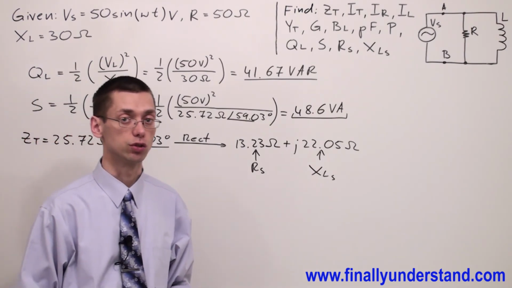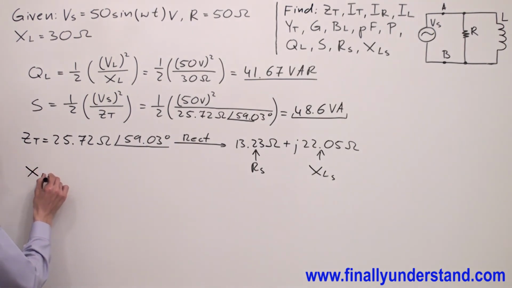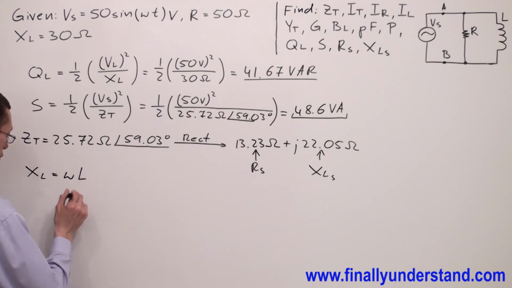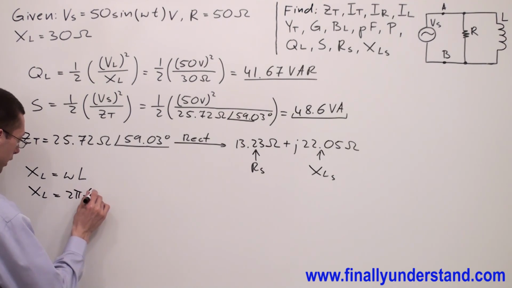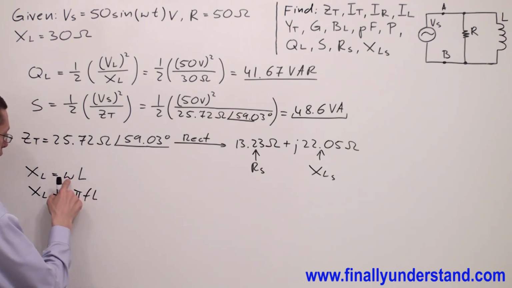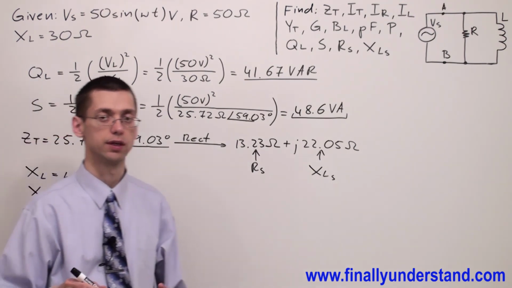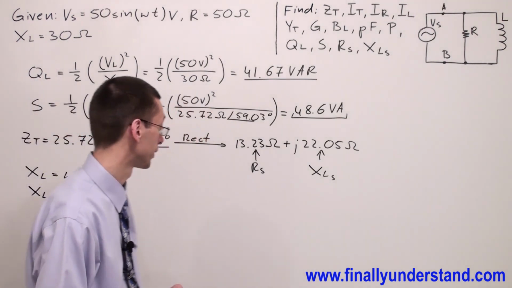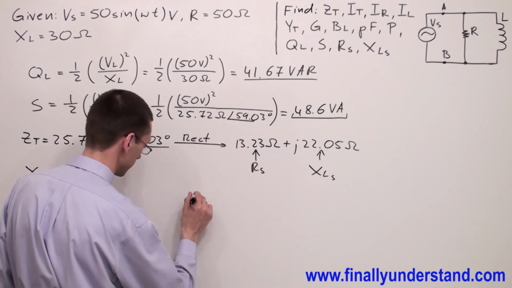If the frequency is not given, I cannot find the inductance because the formula says X of L is equal to omega L, or X of L is equal to 2 pi F L. I have no numerical value of omega, and I do not have frequency. That's why at this moment I'm going to say that we cannot find L. But we can draw the diagram.